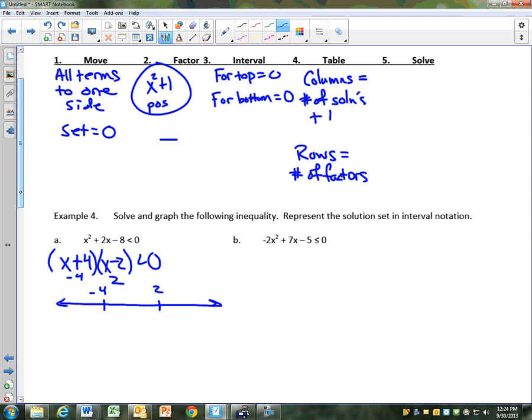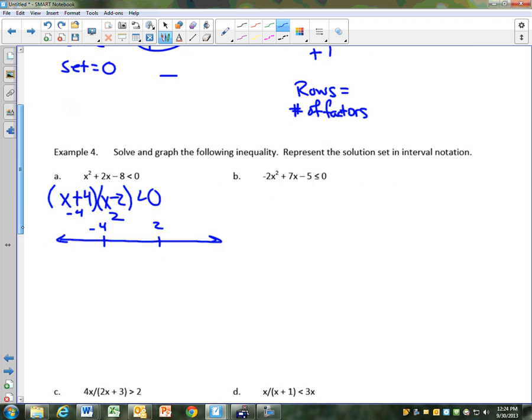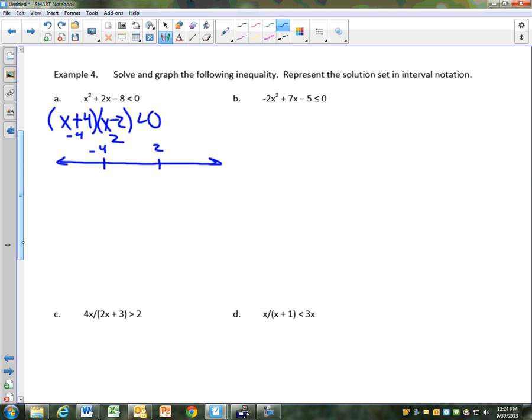Let me help you out here. I want to figure out how to divide this into columns. How many solutions are there for the top and bottom? 2. So how many columns will I have? 1 more, 3. These are 2 solutions. I'll have 3 columns.